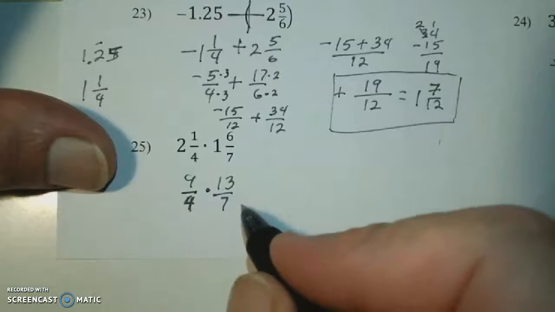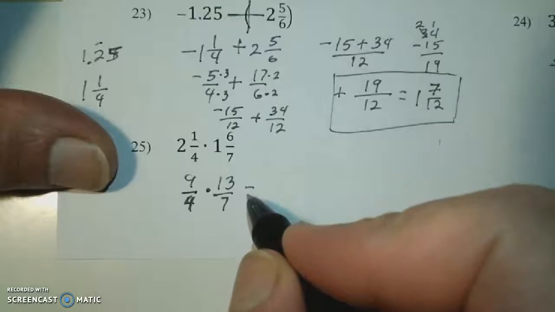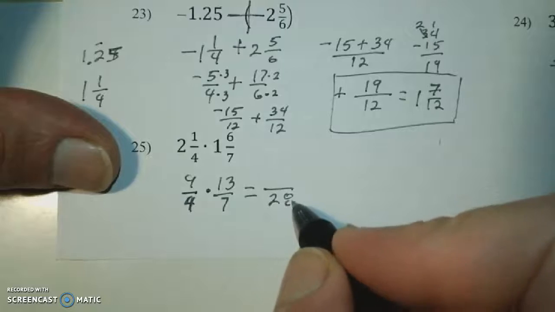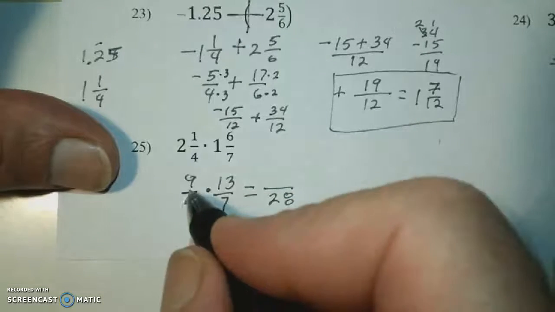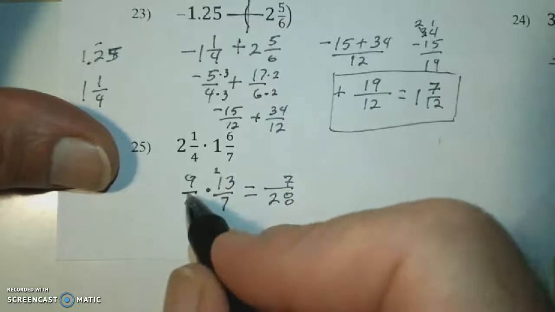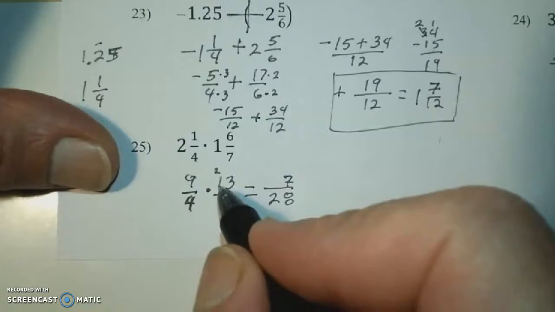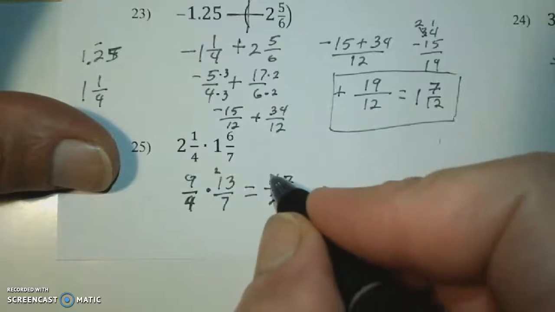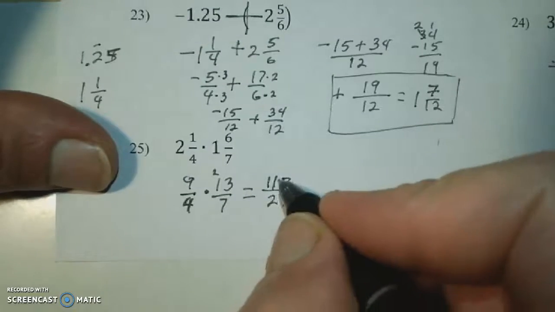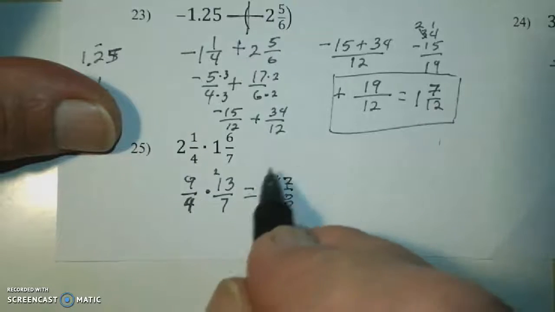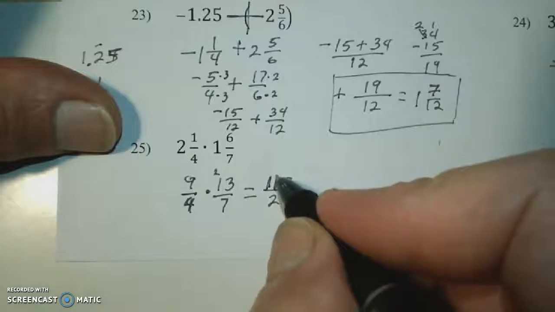Neither of these are divisible by 2 or 4, so we just need to multiply. 4 times 7 is 28. 9 times 3 is 27. Carry a 2. 9 times 1 is 9, plus the 2 is 11. So it's 117 over 28. It was a positive times a positive. We've got a positive answer, so this is good.